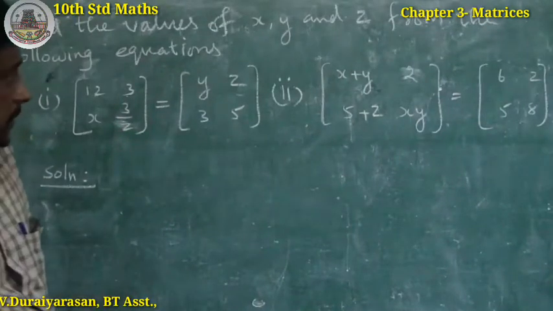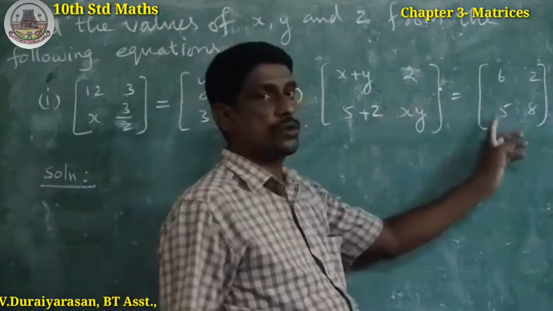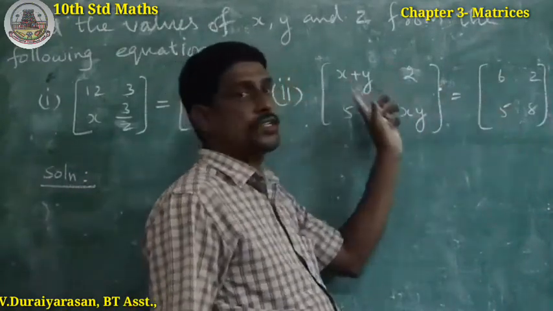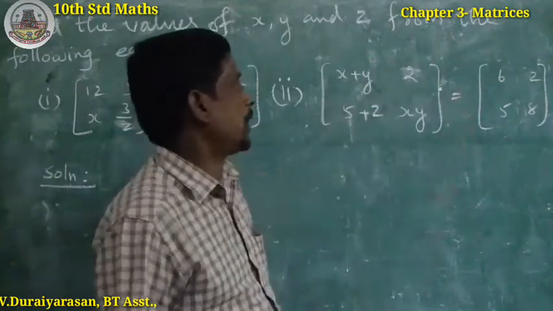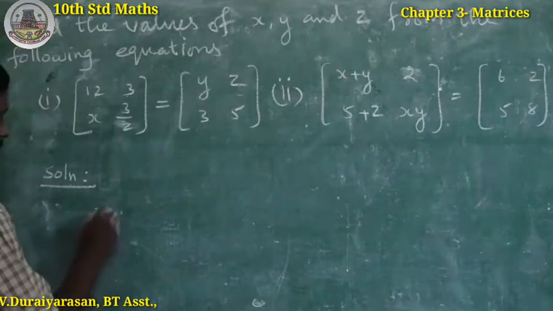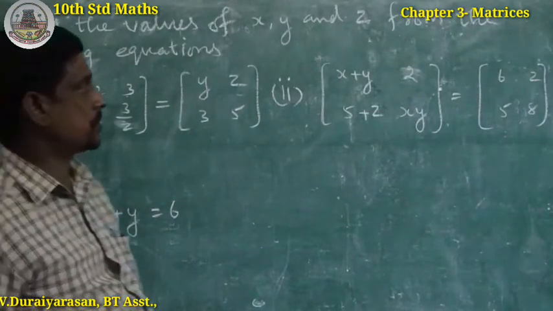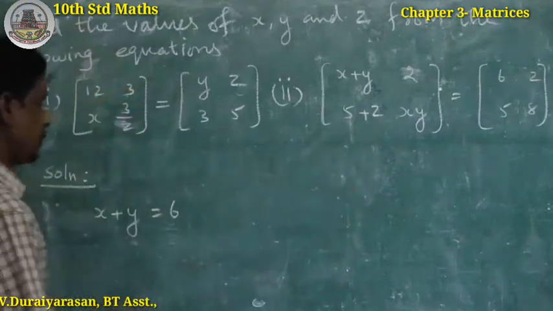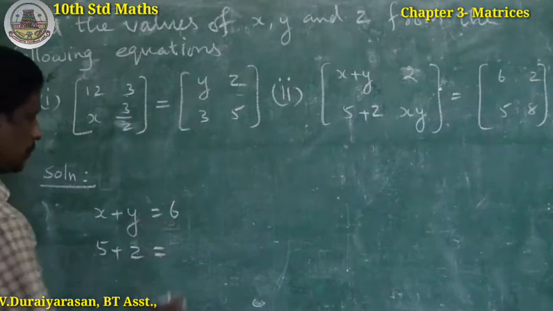Again, these two equal matrices. So the corresponding elements are equal. So what is the corresponding elements? X plus y is equal to 6. 5 plus z equal to 5.